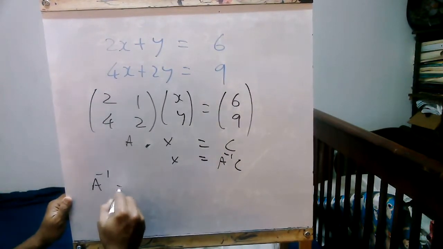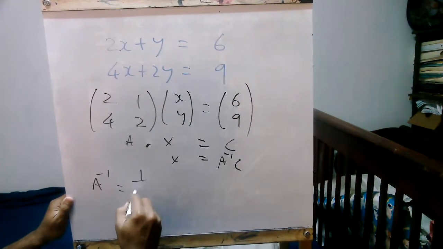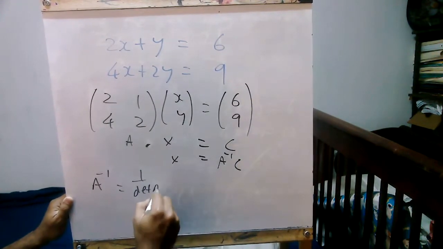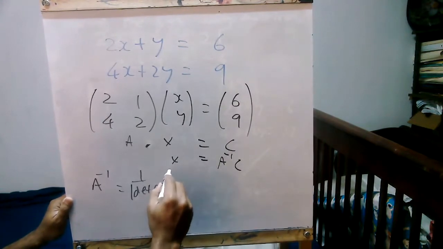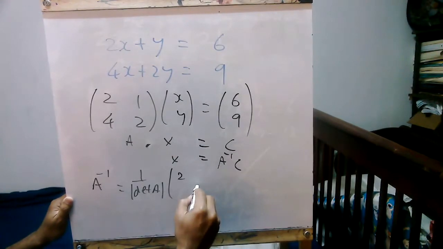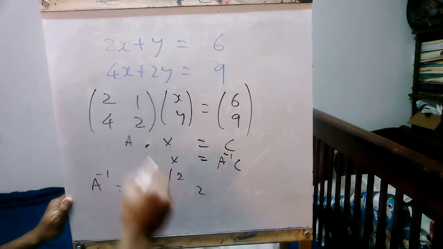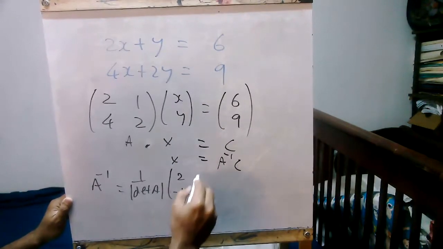A inverse is 1 over det A. You interchange these two, we get the same thing, we change the sign of these two, negative 4 1.